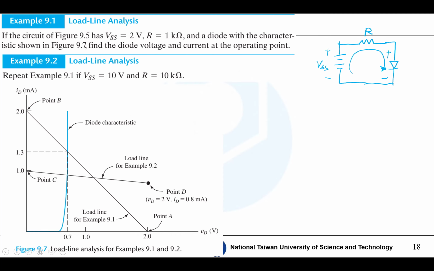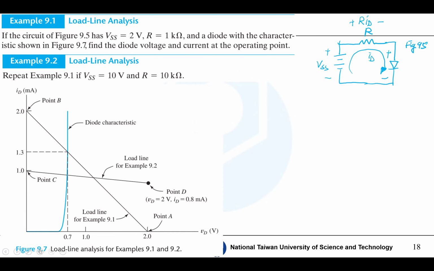We only consider the forward bias region, which only allows current to flow from anode to cathode. So this is ID. Once we define the direction of current, we know this is positive, negative, and the voltage across this resistor is R times ID. So this is figure 9.5.